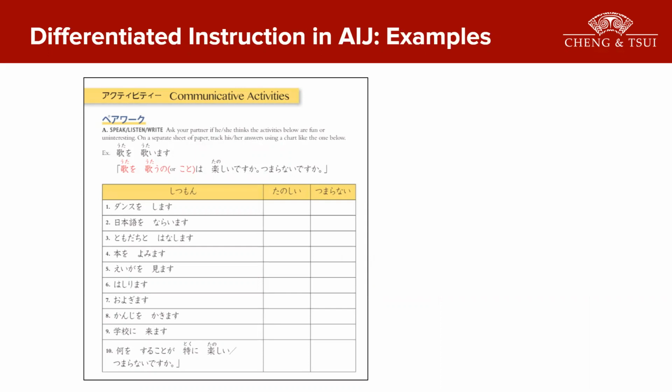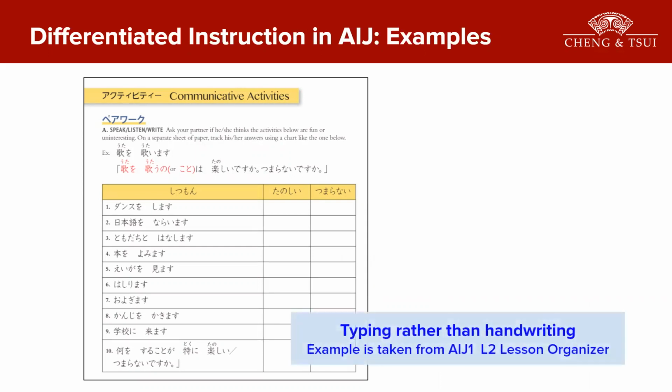You should allow some students to type in their answers rather than handwriting them. There are PDF versions of the activity worksheet in the student resources in Fluency Link that can be used on the computer or on an iPad.